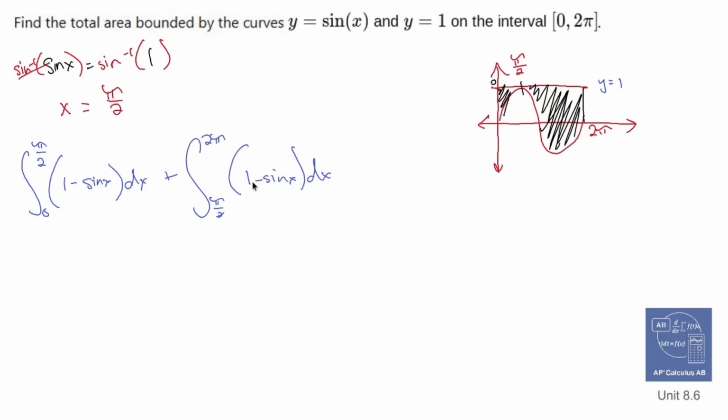At this point you should realize, well, wait a minute, it's the same integrand. Why not combine the two integrals into one and go from 0 to 2 pi of 1 minus sine x? Well, that's exactly what we're going to do.